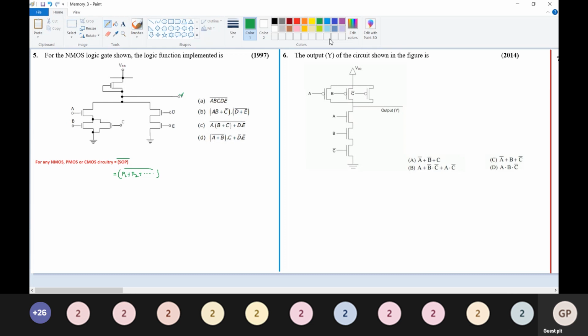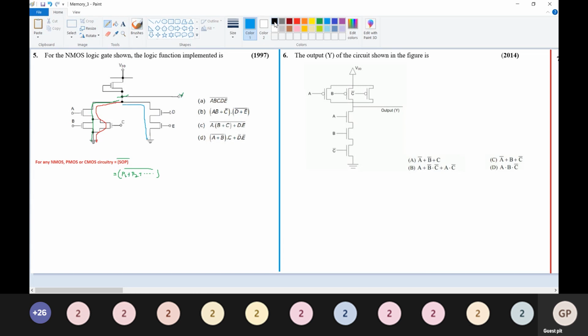This is your output terminal and this is the ground. So we have one parallel path, two parallel paths, and a third, so three parallel paths.